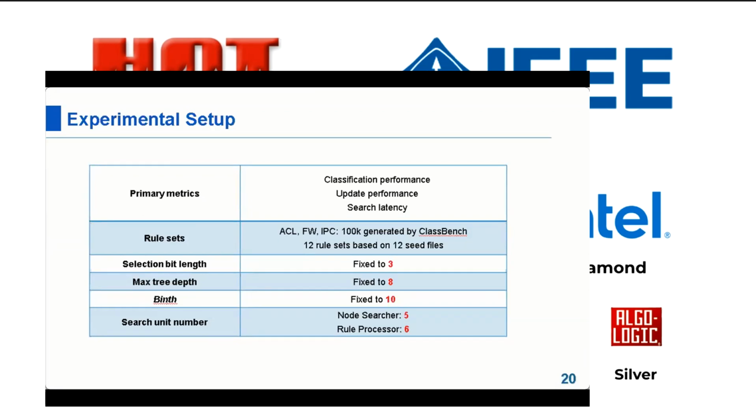The selection bit length for each node splitting is fixed to 3, and the max tree depth and the bins are set to 8 and 10 respectively. The search unit numbers of the node searcher and rule processor are set to 5 and 6. And finally, the evaluation metrics include classification and update performance and search latency.